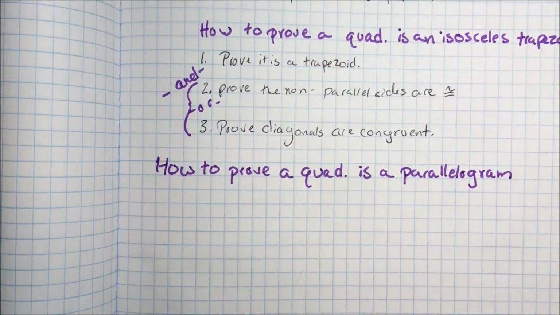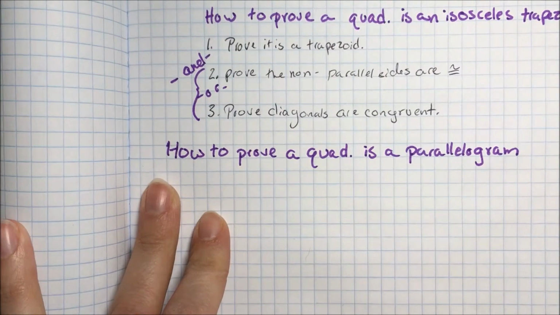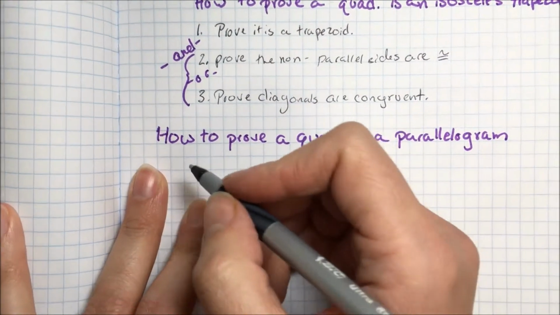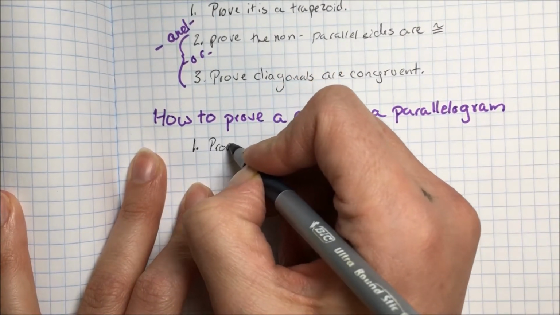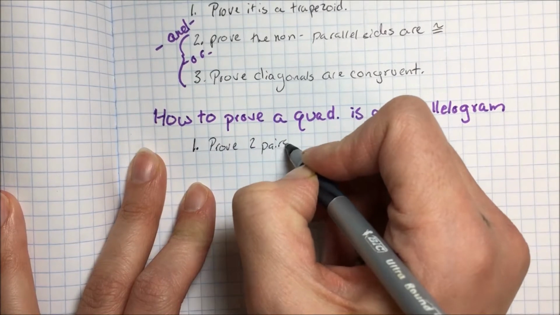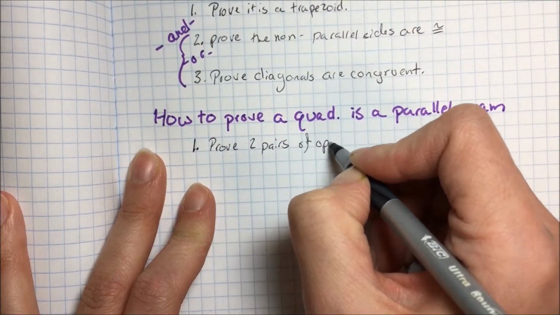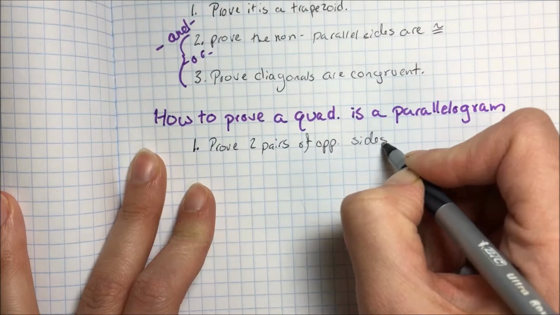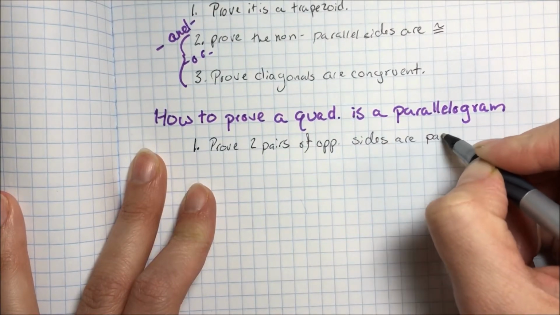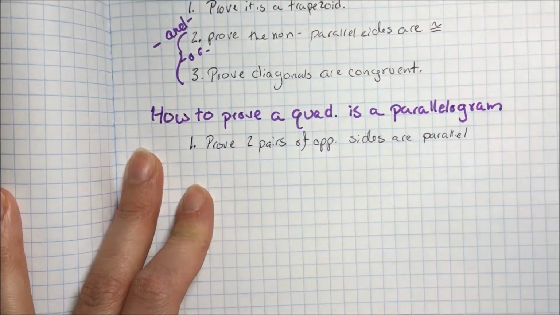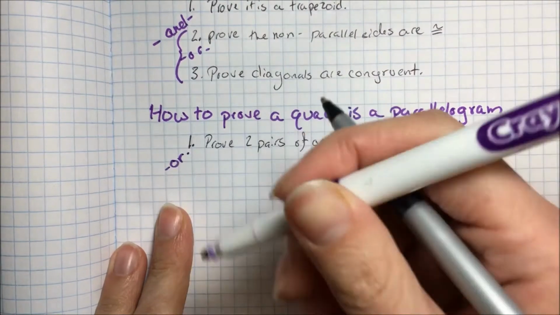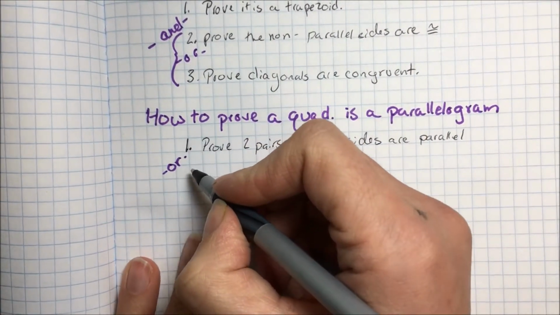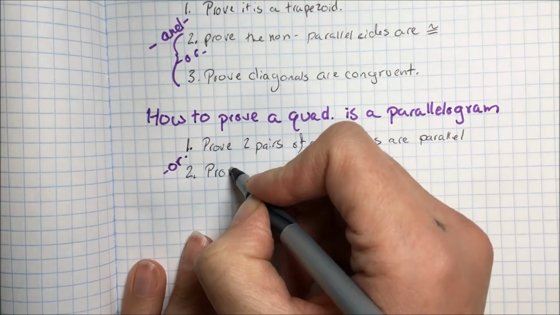How to prove that a quadrilateral is a parallelogram. There are a total of 6 different ways to prove that a quadrilateral is a parallelogram. 1. Prove it by definition. Prove 2 pairs of opposite sides are parallel. Or prove by the properties.